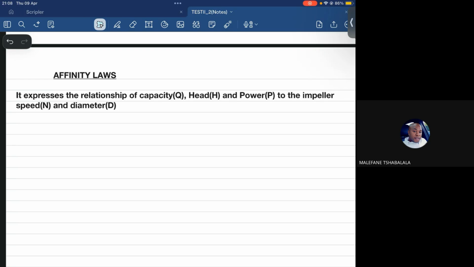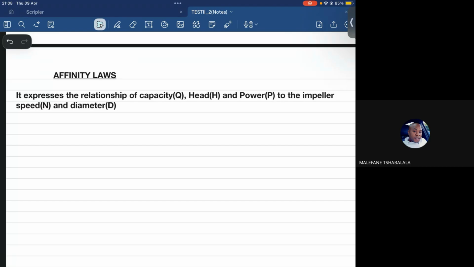It doesn't matter whether it's connected with the single pump in series or parallel. So that's the reason why we introduced the affinity laws.